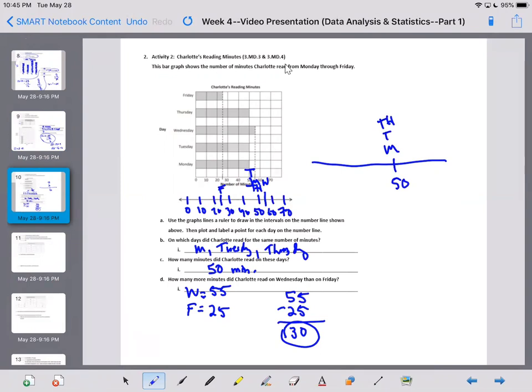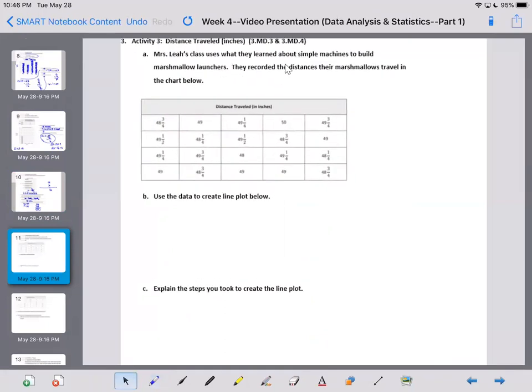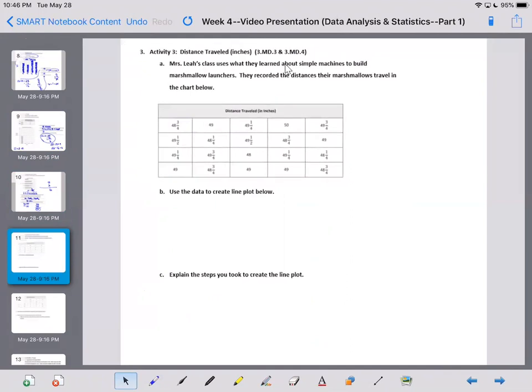Here's your third grade. So just kind of a different way. Everything is given in your data set here. So now it's just creating a line plot based on our numbers.